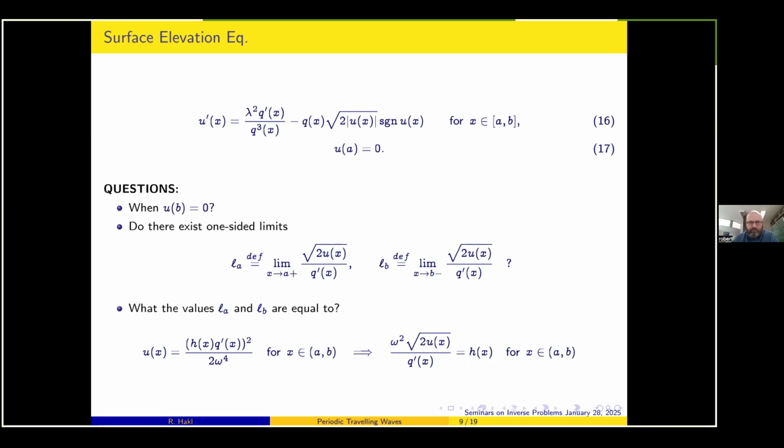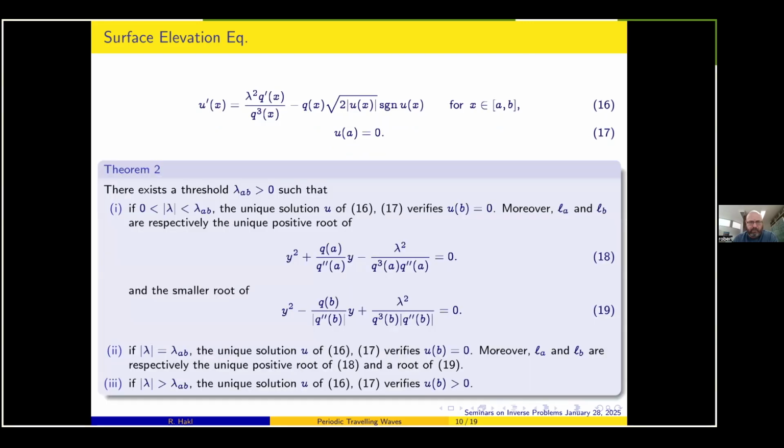And the following: there exists a threshold lambda sub AB such that if lambda is below this threshold, then the solution U is positive, and at the point B it is equal to 0.